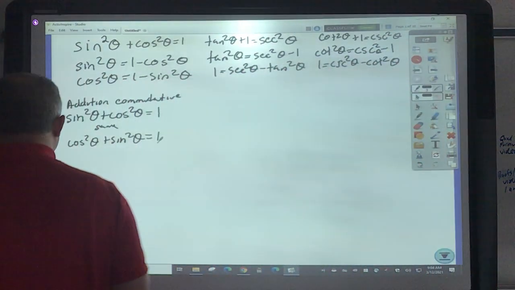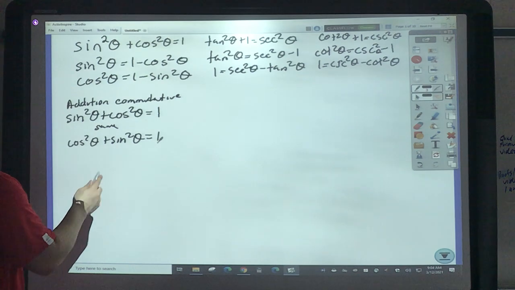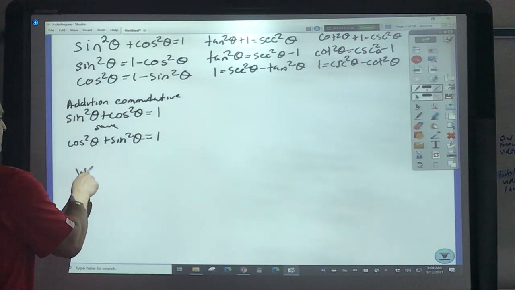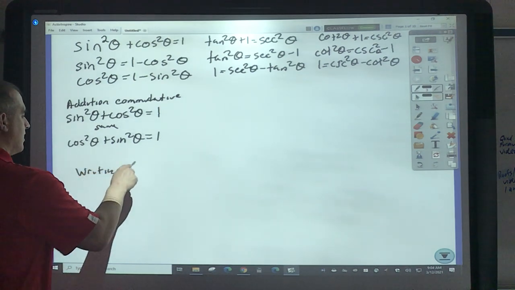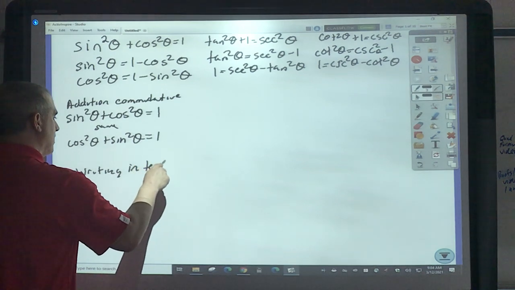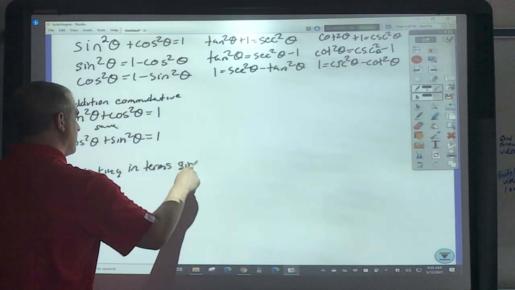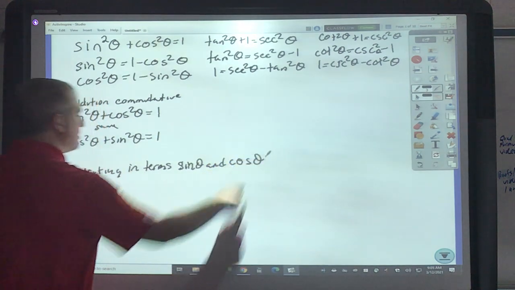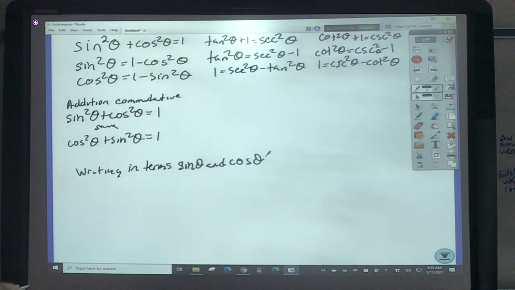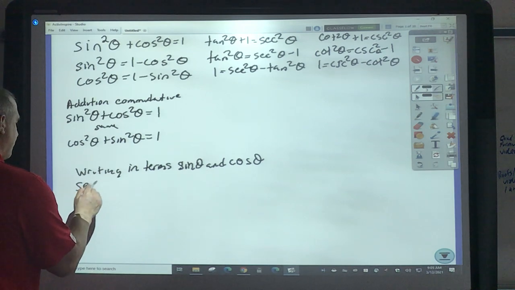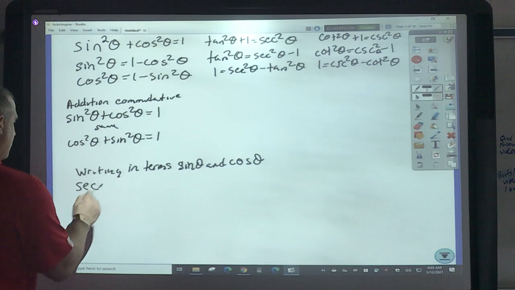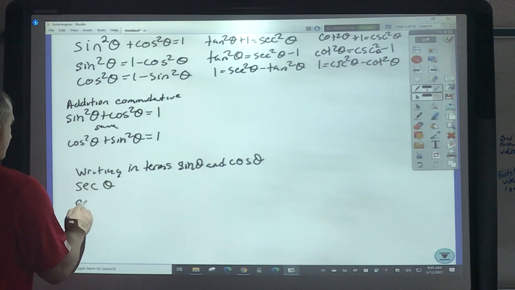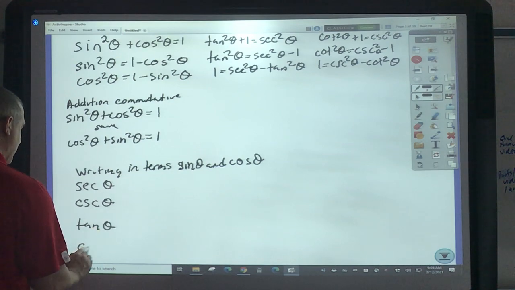The other thing is the second part is writing in terms of sine and cosine. Now, this is a trick that will help you simplify. Now, what do I mean by that? Well, we have these trig functions, secant, cosecant, tangent, and cotangent.